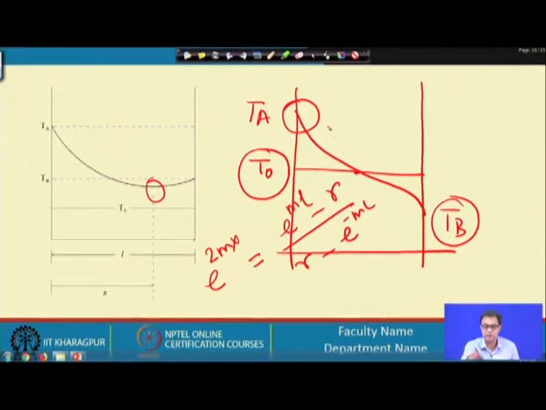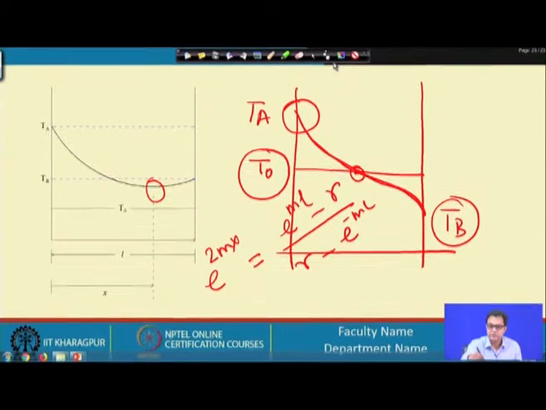But for this situation, at some point the fin temperature profile will have the same temperature as that of T0. So, here in this case that will correspond to a configuration similar to that e to the power 2mx.